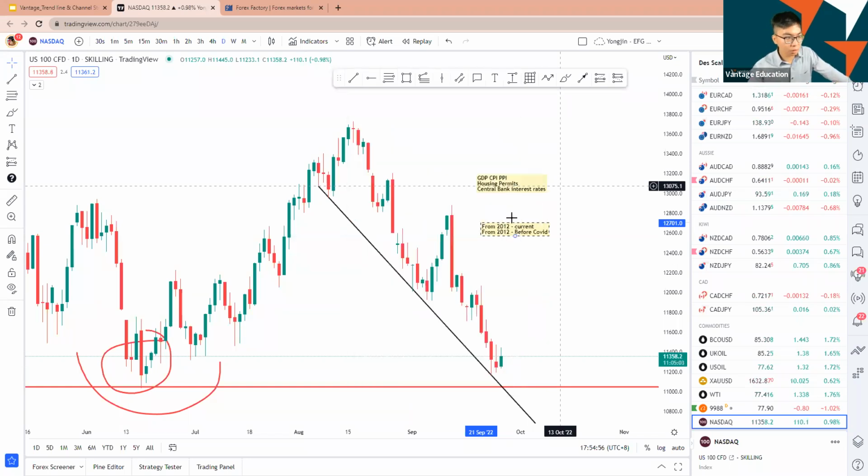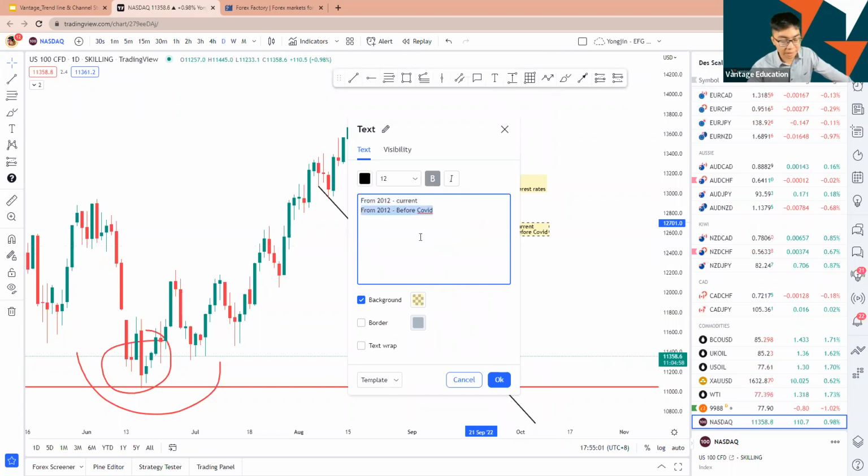Multiple charts. So from 2012 to before COVID, I can get a rough average of how it was before then, whether the market is stabilizing or not. Before COVID or from the COVID period, March 2020 to current, or I can even add in the Russian war.